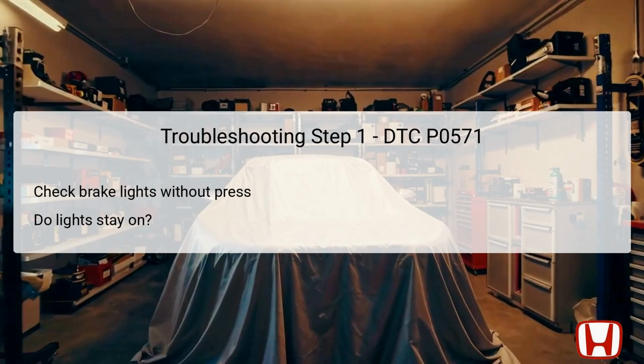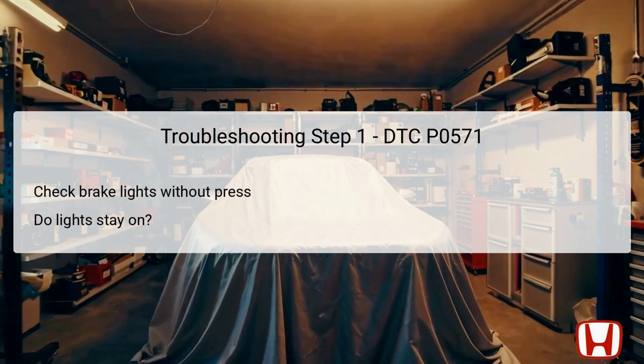The first troubleshooting step involves checking the brake lights without pressing the brake pedal. This step is essential to determine if there is a persistent signal being sent to the brake lights, which may indicate issues with the brake pedal position switch or a short circuit. If the brake lights remain on when they shouldn't, it suggests the switch may be stuck in the on position or an electrical fault exists within the wiring.